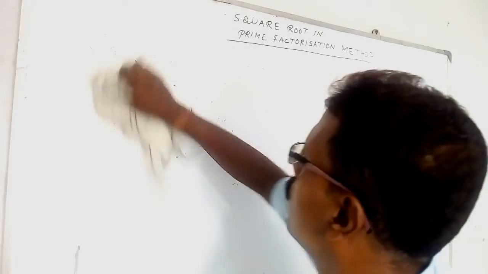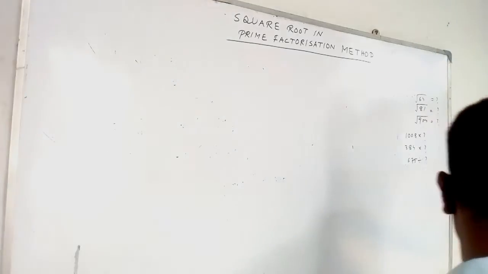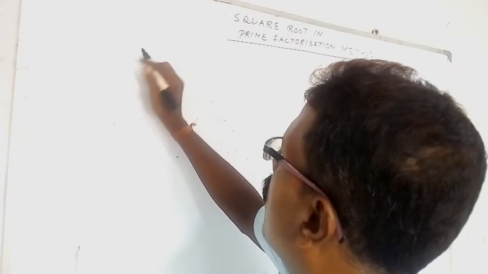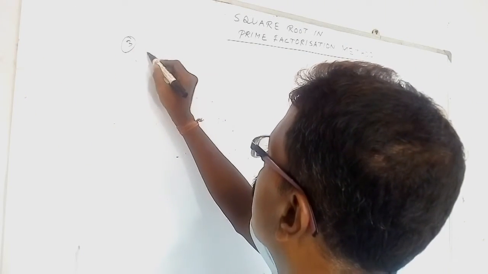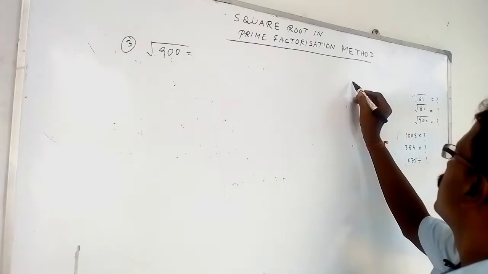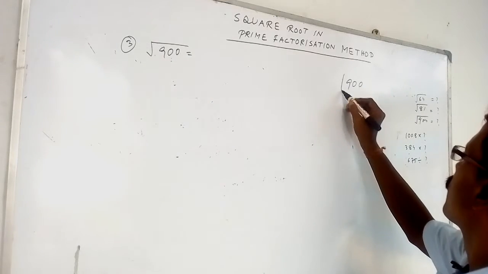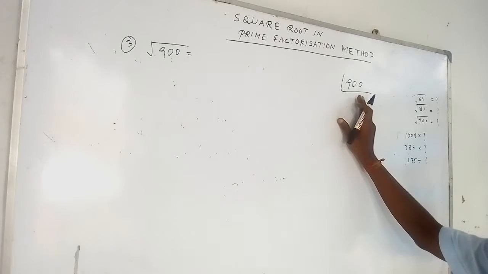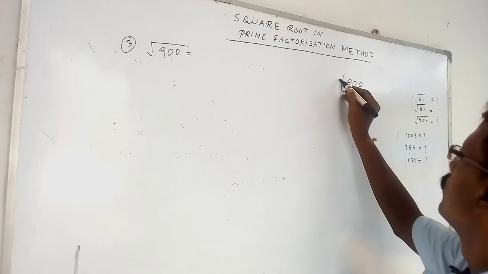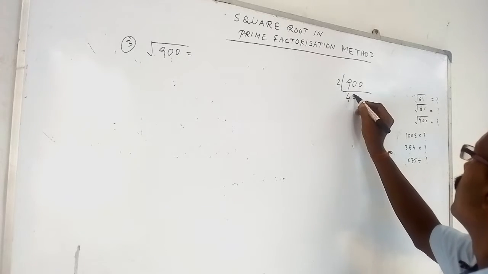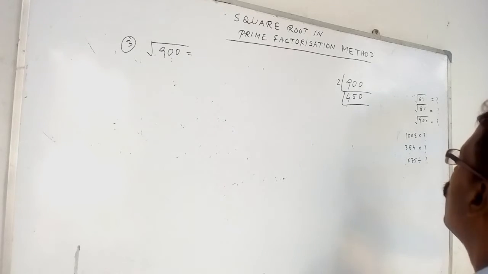Now our third sum is to find the square root of 900. Our third sum, root over 900. So 900 is to be factorized first. This is an even number, so it is to be divided by 2. 450.